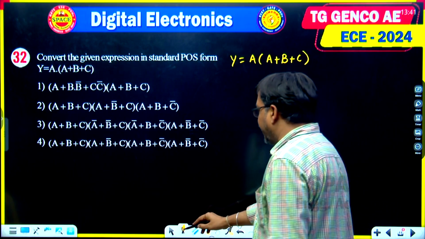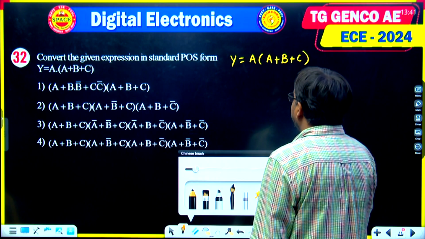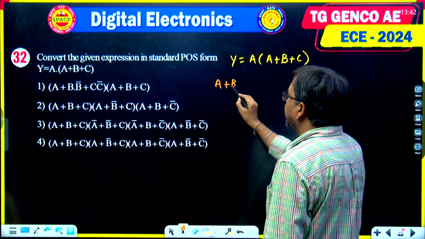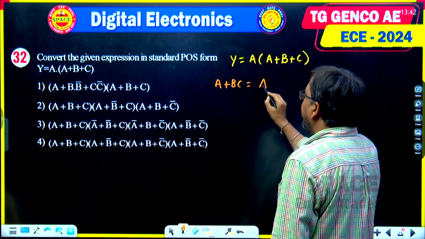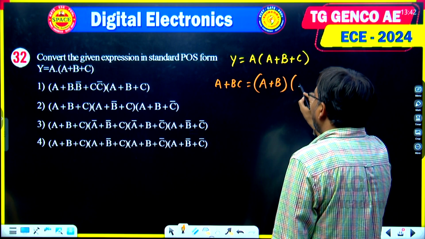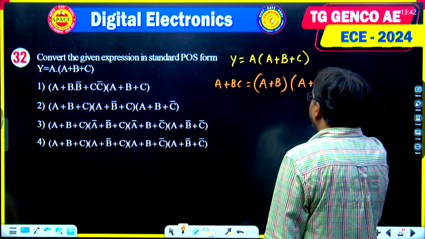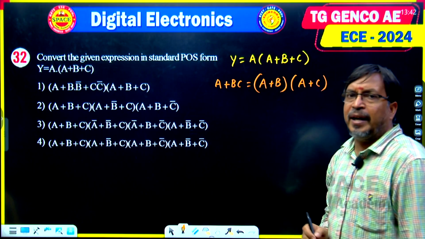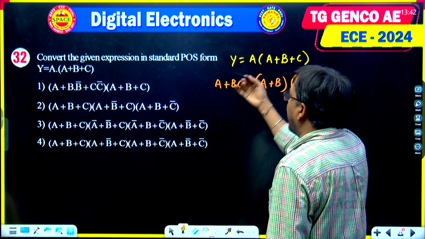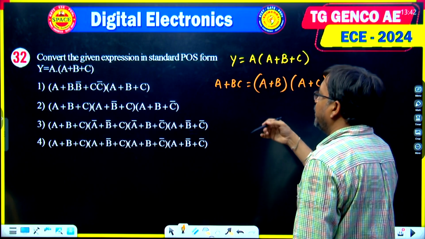So how am I simplifying? Convert into standard form. See here, we know one property: A plus BC equals (A plus B) into (A plus C). That is very useful here. Now I am converting to standard POS, where all inputs will be included.